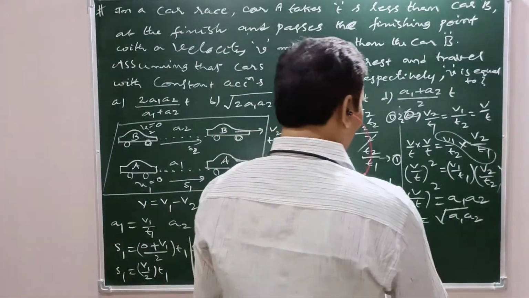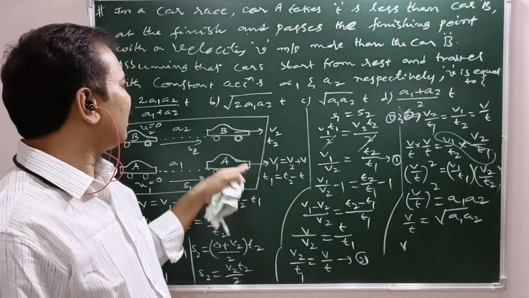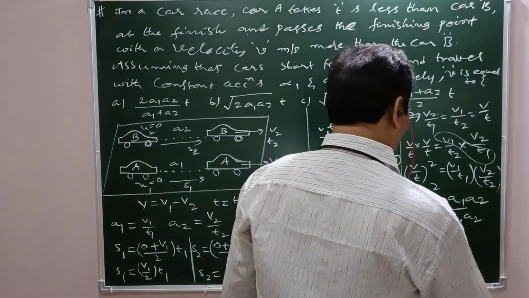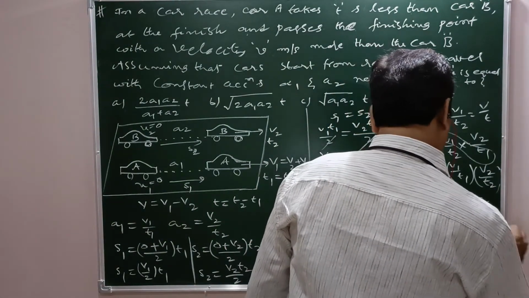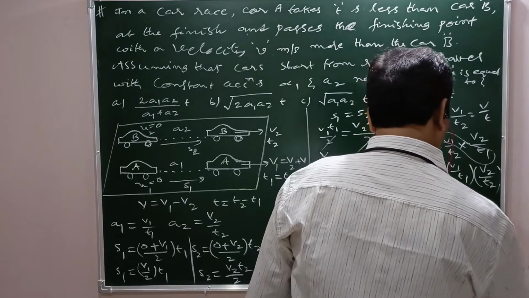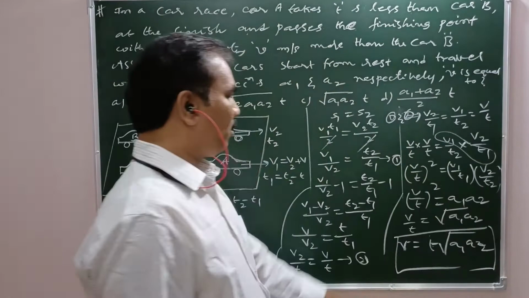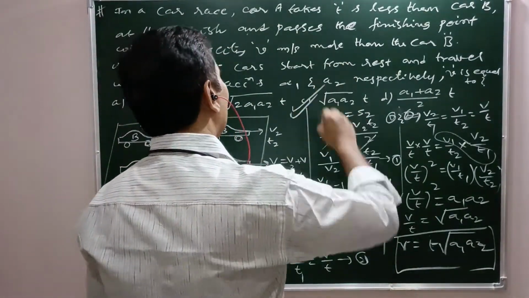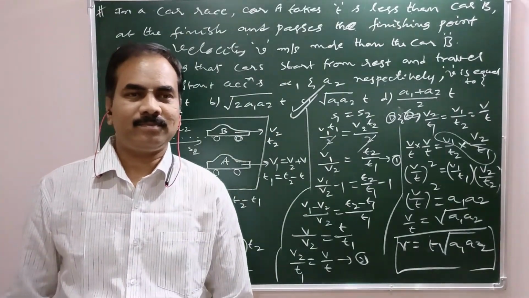That is, the excess velocity of car A over car B is given by V equals T into root A1 A2. This is the ultimate answer. Option C is the correct answer.